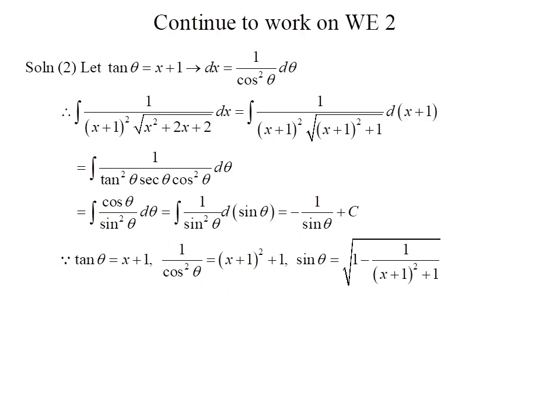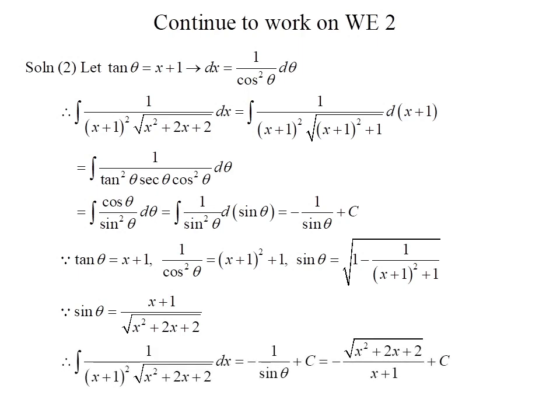Since tangent theta equals x plus 1, 1 over cos squared of theta equals (x plus 1) squared plus 1, which gives sine theta equals the square root of 1 minus 1 over (x plus 1) squared plus 1, which equals x plus 1 all over the square root of x squared plus 2x plus 2.